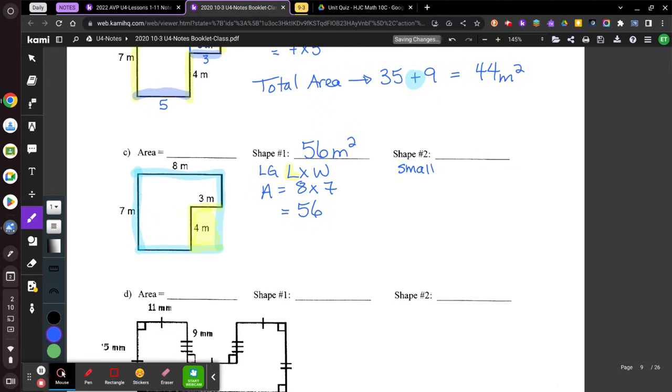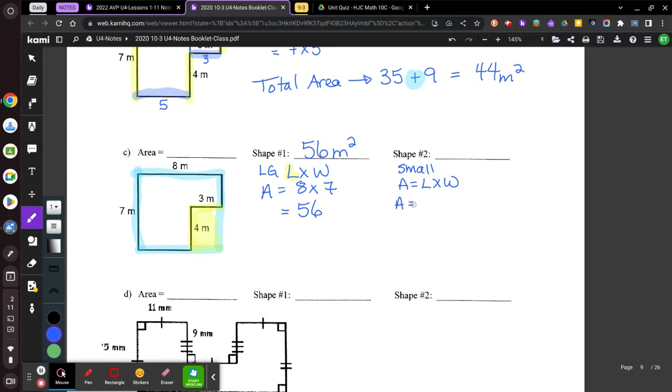Now I would do the small object. The small one is that little yellow rectangle that we added on. That little yellow rectangle, try saying that 5 times, has the dimensions 3 and 4. So we're going to take length times width for our area.